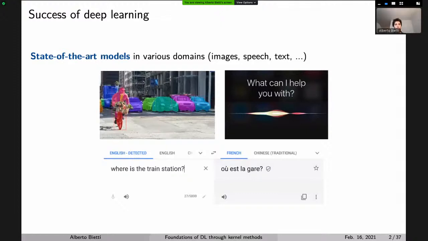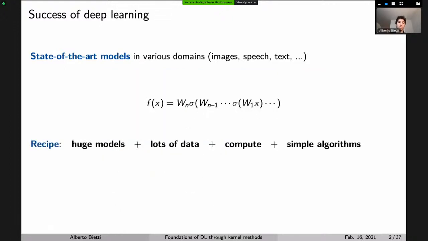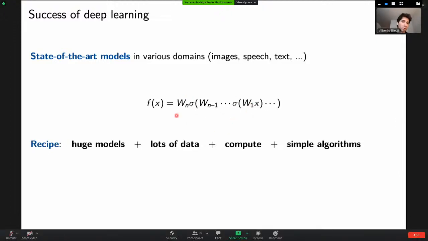Okay, so it all starts with the success of deep learning. You probably all heard about these deep neural networks that have been very popular and successful in practice. They're often state of the art in a lot of different tasks, especially ones where the data is structured, like images, audio or text. The usual recipe to their success is to use very large models that typically consist of some compositional structure, a hierarchy of different functions composed with one another.